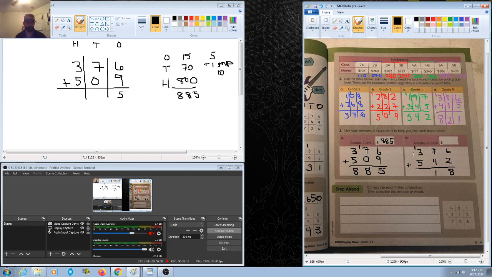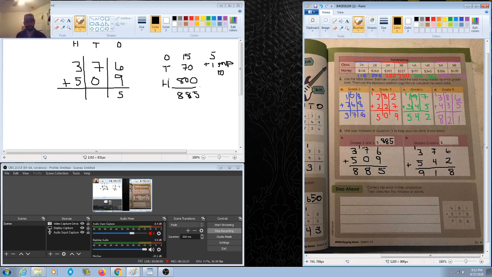So in this hundreds place we have one group of 100 plus 3 groups of 100 plus 5 groups of 100, and that's going to give us 9 groups of 100, and our answer will be 918.